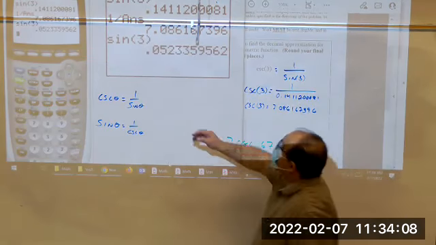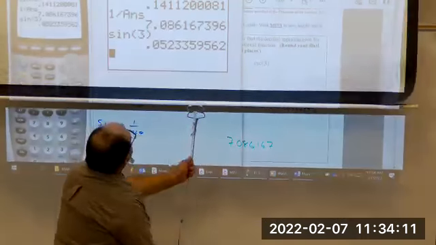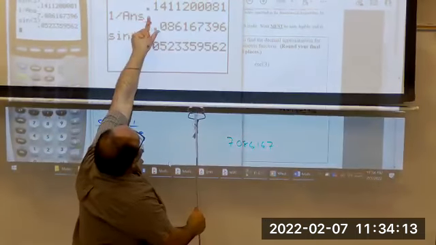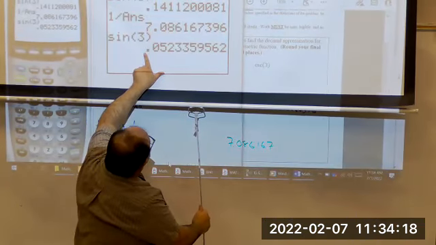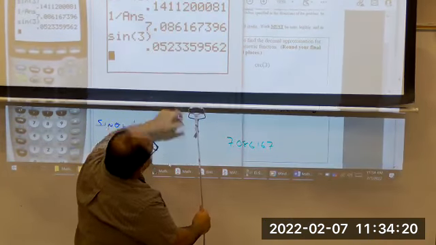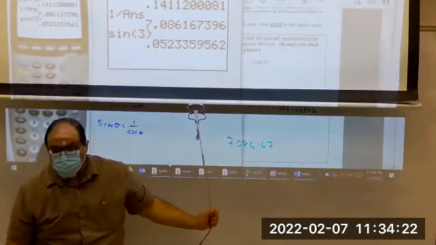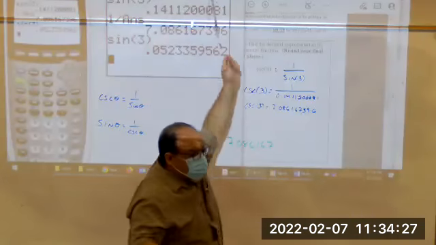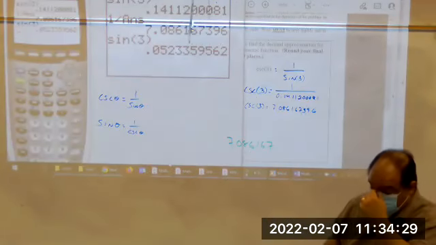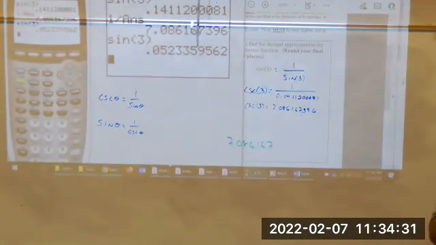So the sine of 3 radians is approximately 0.14, and the sine of 3 degrees is 0.05. Not the same. It's the easiest question that people get wrong because they're not paying attention to the mode of the calculator. The calculator is always right. It's what the input is.